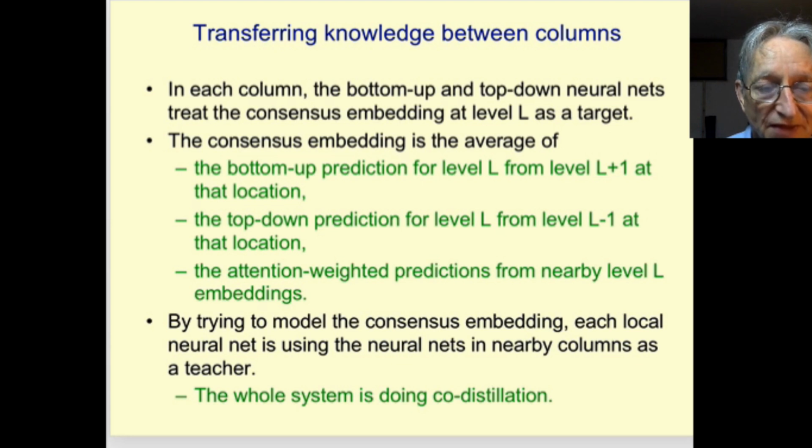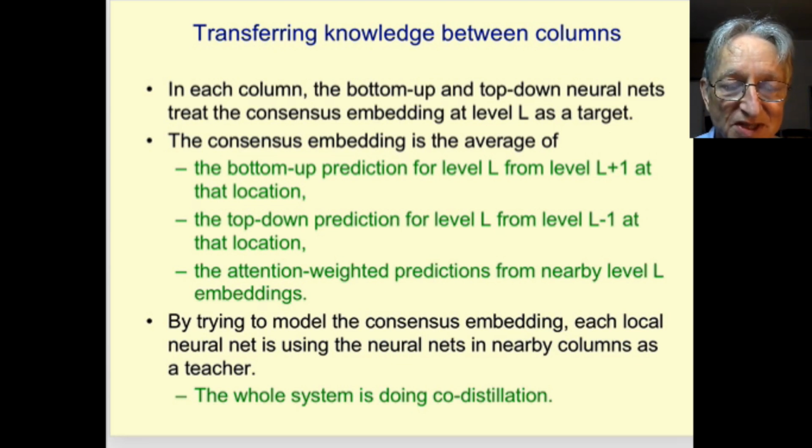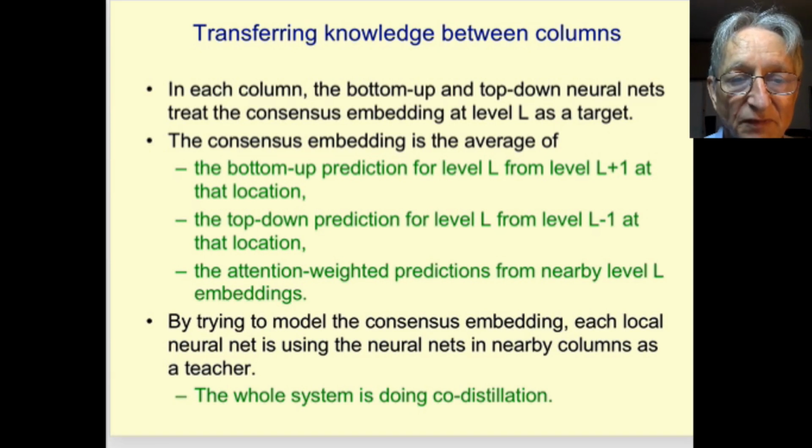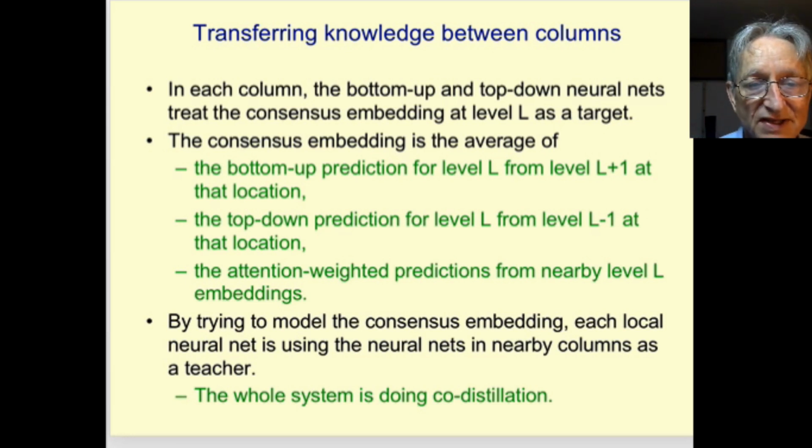You average all those together with appropriate hyperparameters, and you'll get a consensus, what all these sources of information between them think is the best bet. And now you can train the bottom-up neural net and also the top-down neural net to try to agree with that consensus. And of course the consensus contains the opinions of neural nets at nearby locations if those neural nets were looking at the same part or object.